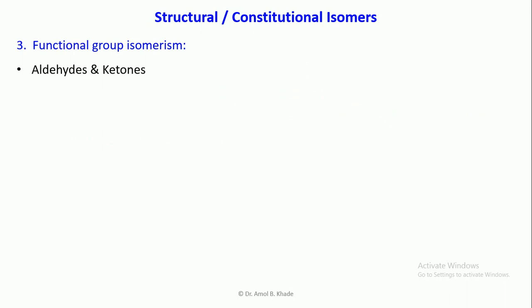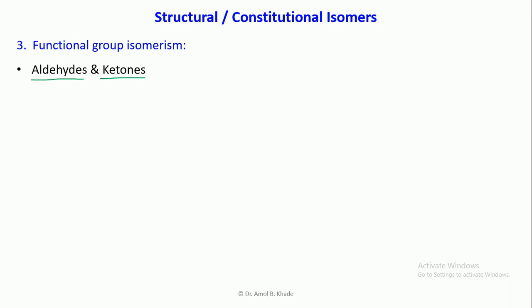There are some pairs of functional groups in which we observe functional group isomerism. For example, we can have aldehydes and ketones. If you remember the IUPAC nomenclature of aldehydes and ketones, do you remember the general formula?